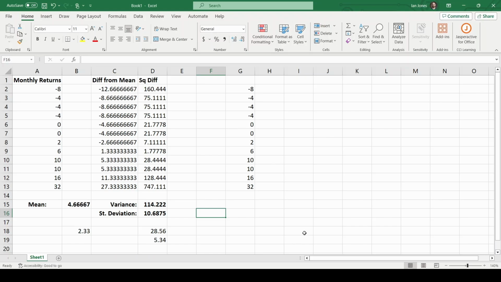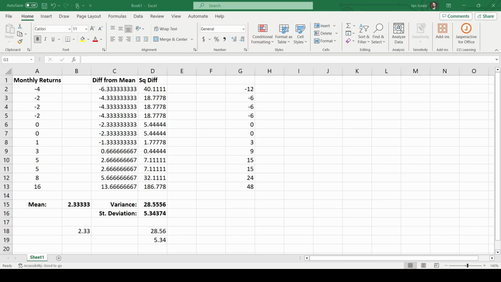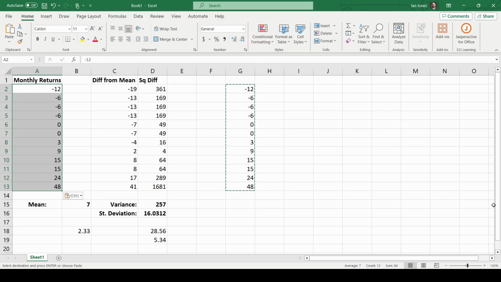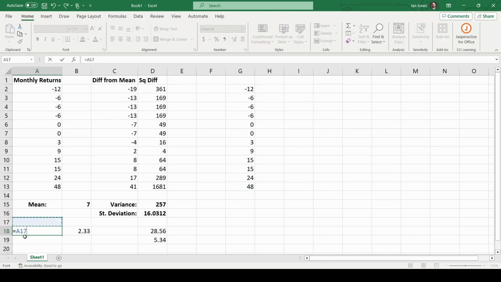Let's take a look at it again. This time I'm going to triple the data. What do you think is going to happen? All right, have you got your prediction? So here is all the data tripled. I'm going to copy and paste it over. And okay, so we have tripled the mean, right? Equals the new mean divided by the old mean. That's tripled.